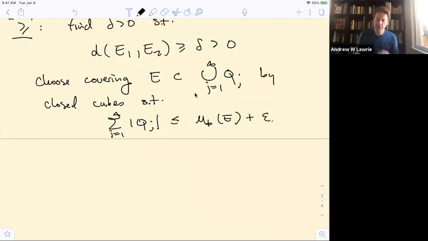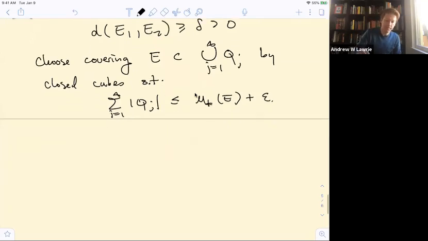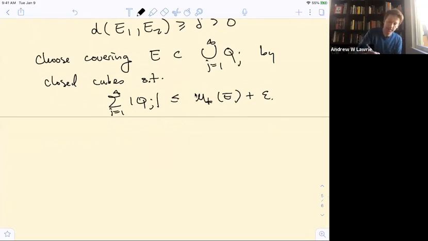So we have a collection of closed cubes that almost realizes the exterior measure of E. But now let's take this collection of cubes and chop them up. Subdivide each Q_j.